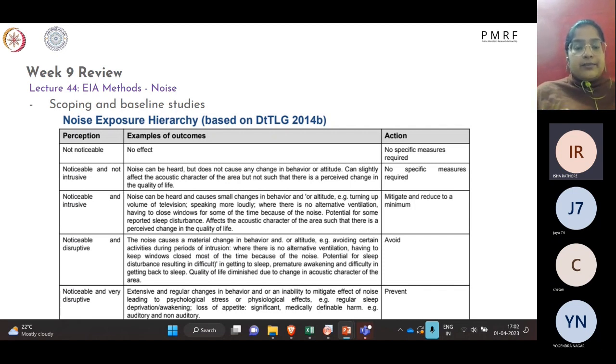These are when you have extensive changes in behavior or inability to mitigate effects of noise, which leads to psychological stress or physiological effects being built up, such as sleep deprivation or awakening, loss of appetite, significant or medically definable harm to your auditory and non-auditory nerves. So these are the different perceptions of sound and how you have a noise exposure hierarchy.